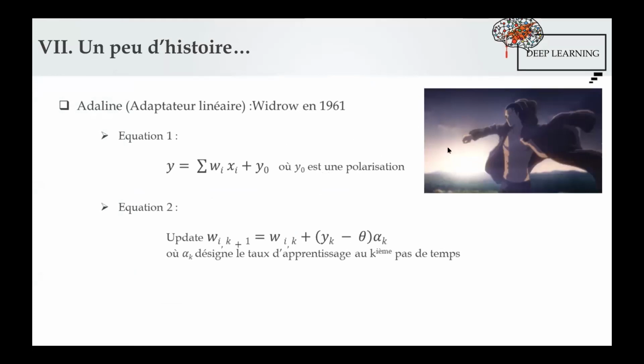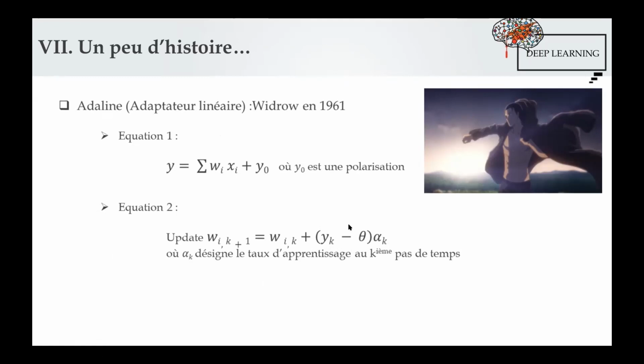Il faut savoir qu'avant le perceptron, il y avait ce qu'on appelle l'adaptateur linéaire de Widrow, sorti en 1961. C'est comme le perceptron, mais il n'avait pas la fonction d'activation. Il faisait aussi une mise à jour très naïve, avec yk la valeur de sortie et θ la valeur désirée.